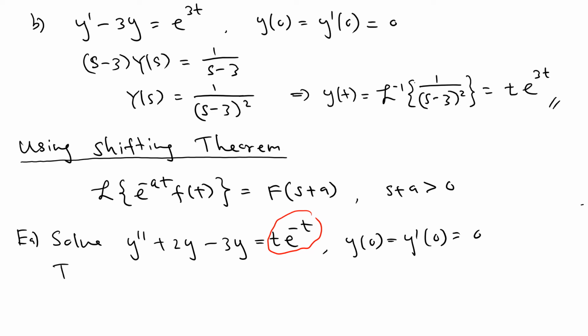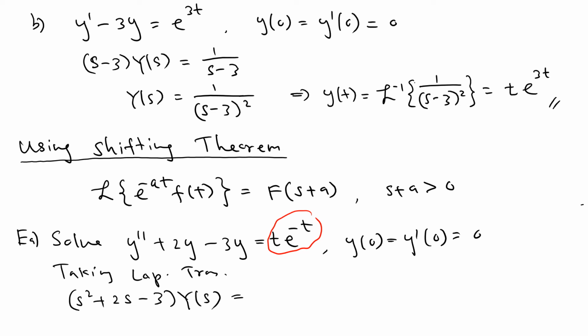Taking the Laplace transform, we have s squared, and you can see all the initial conditions are 0, so you only get this s term: s squared plus 2s minus 3 times Y(s), so that's the transform solution, Y(s).